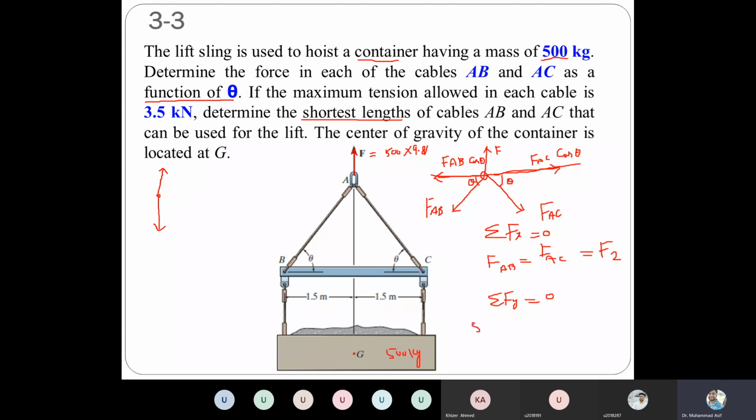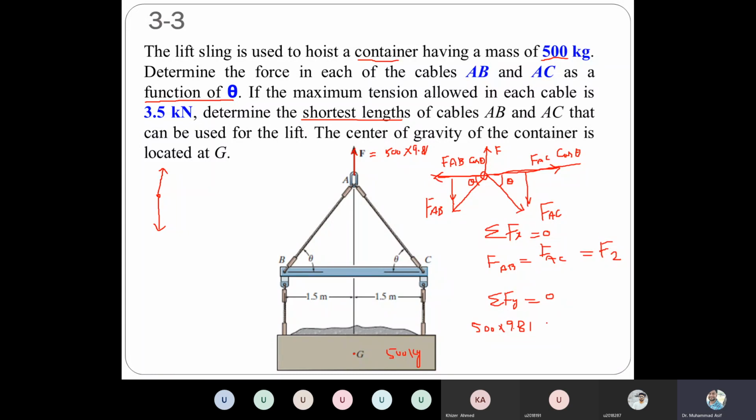So that is basically 500 times 9.8 in the y direction. One component is this one in the y direction, and the other component is this one. Both are acting in the negative y direction and one is acting in the positive direction.